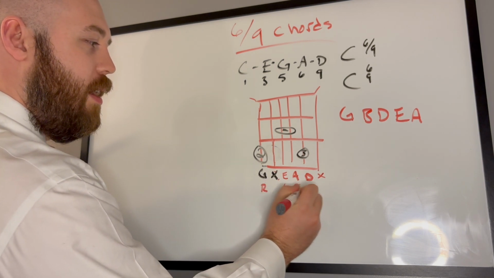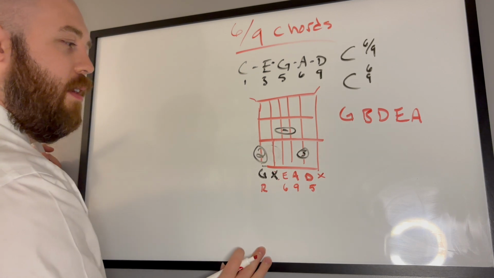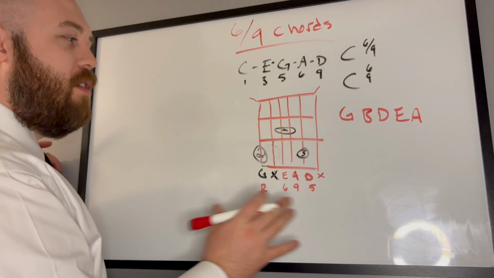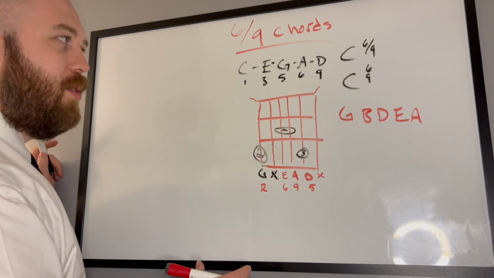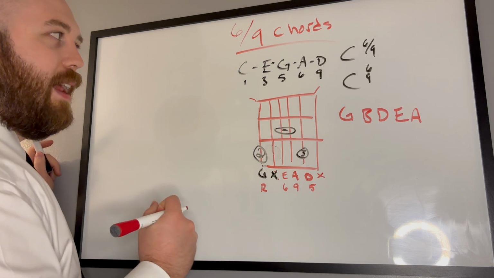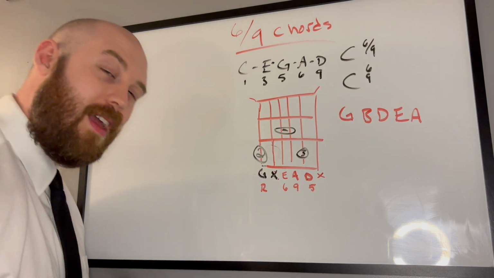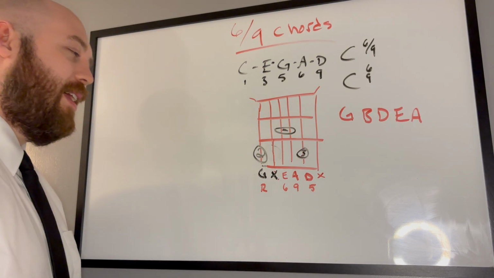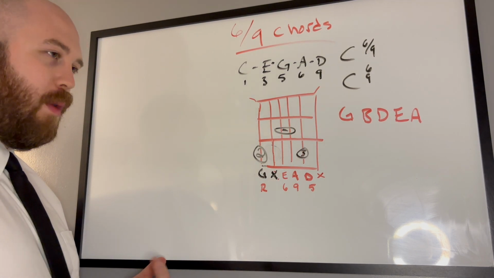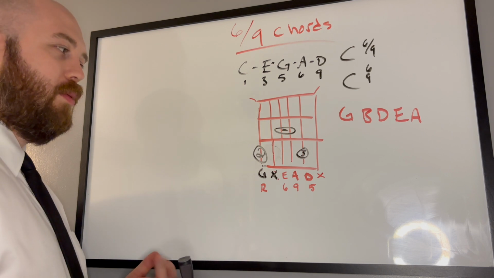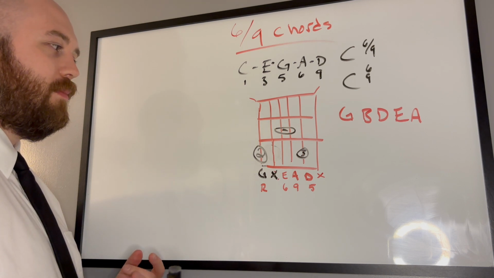You have your 9. And you have your 5th. So in this rearrangement of the notes, now we've taken out the 3rd. That's just one thing I really love about this shape: you're just a 5th away from 2 6/9 chords.